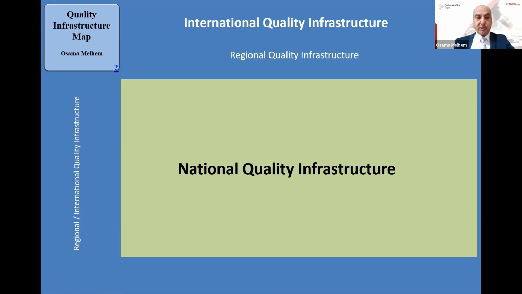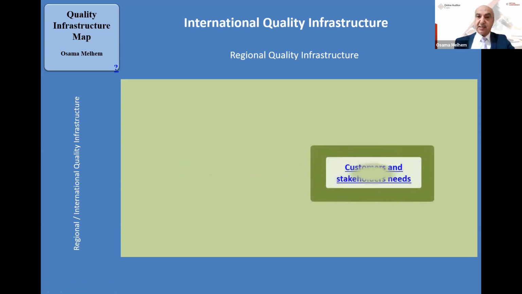The starting point of developing this map was understanding the market and defining the needs of the clients. So the core of establishing any quality infrastructure at the national level is understanding the needs of our stakeholders and customers.